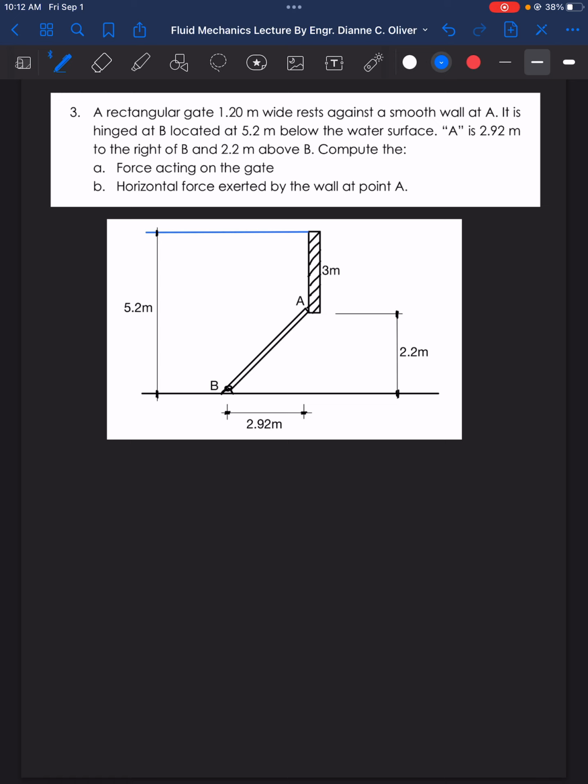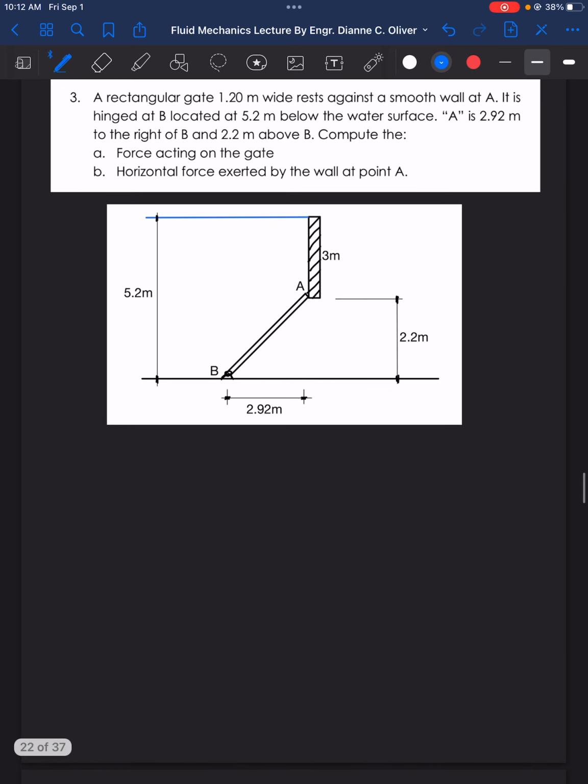From this figure, we are being asked what is the force acting on the gate. Now the question here is, how do you position the force? Is it horizontal, vertical, or is it inclined? So what's the rule here when it comes to submerged bodies?